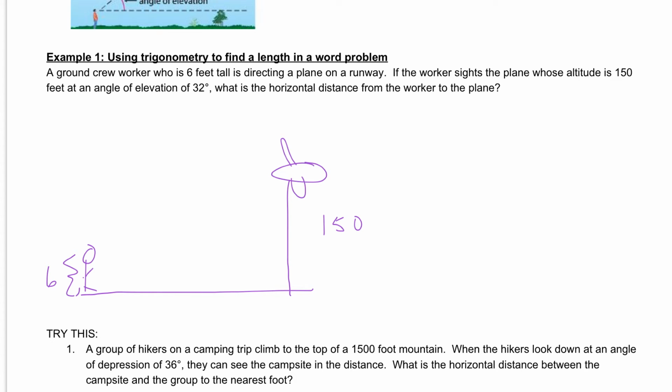So this guy's looking at the plane at 32 degrees. Here's our angle of elevation. And what we want to do is find the horizontal distance. So we want to find x. So we're looking for this distance here, which is the same as the distance here.